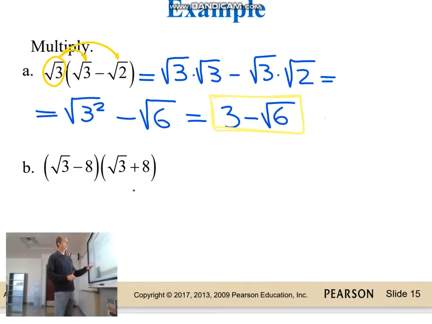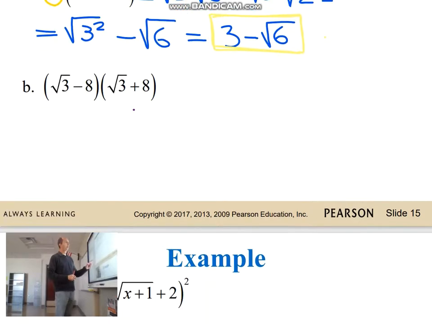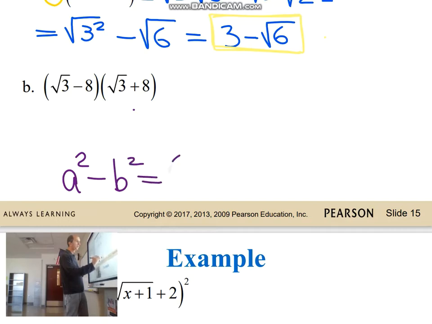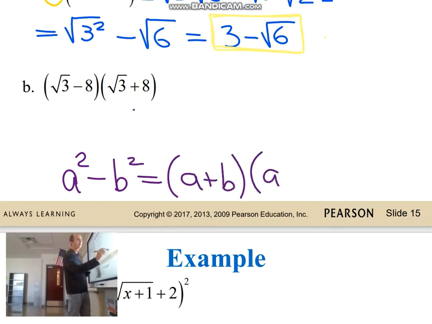Right? For letter B, I don't know if you still remember the chapter, section 5.7, special products. We have something like that. Let me write down here at the bottom so maybe you will remember. A squared minus B squared equals A plus B times A minus B. And we have something similar here, right?